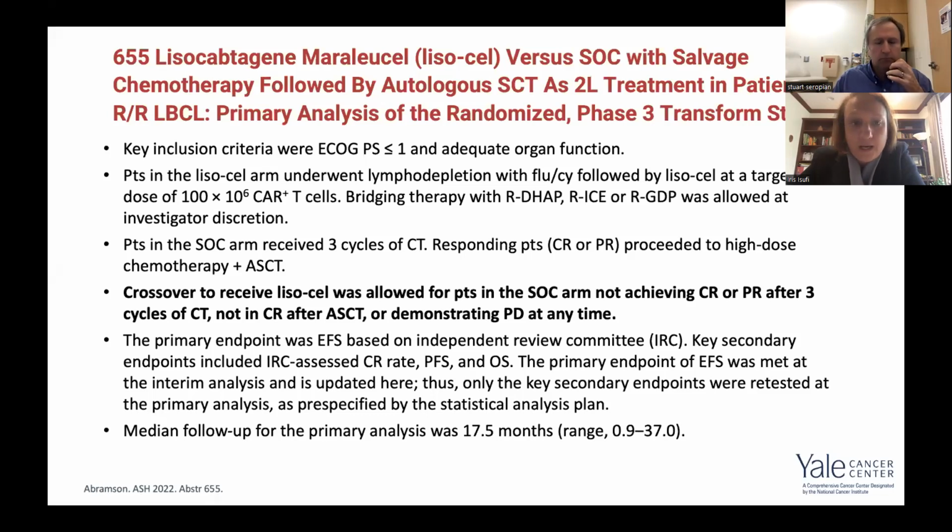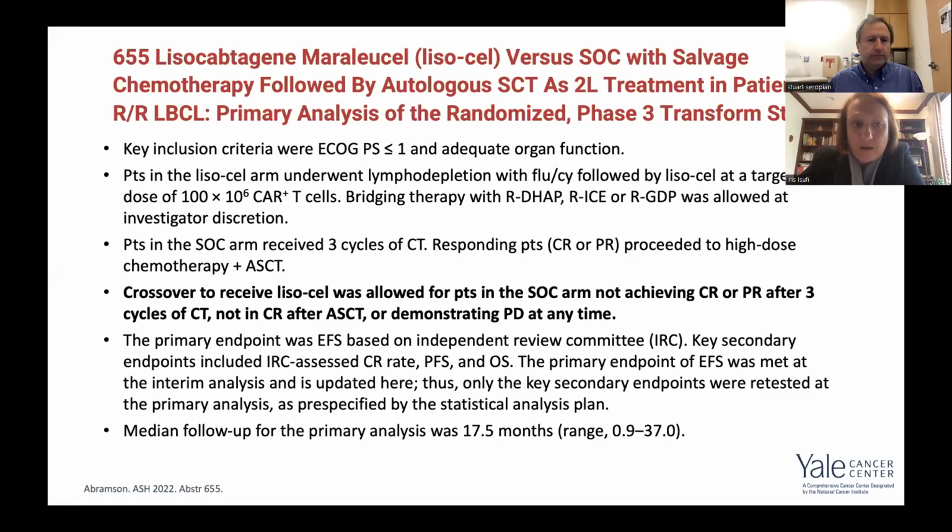So they took this highest risk group to compare it to stem cell transplant. And so the patients who received salvage chemotherapy and achieved either a complete or a good partial response proceeded to high-dose chemotherapy and autologous stem cell rescue, typically with a BEAM regimen.